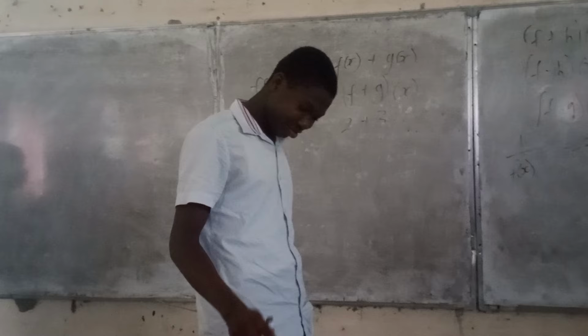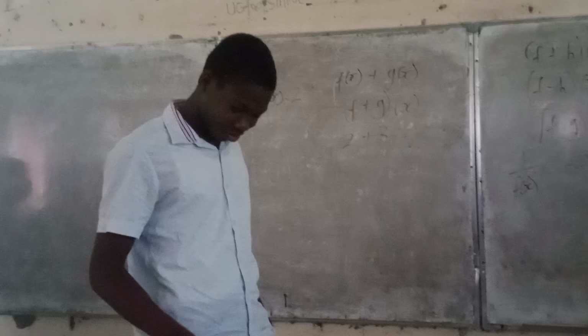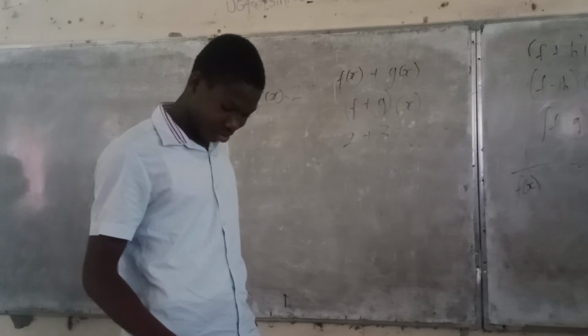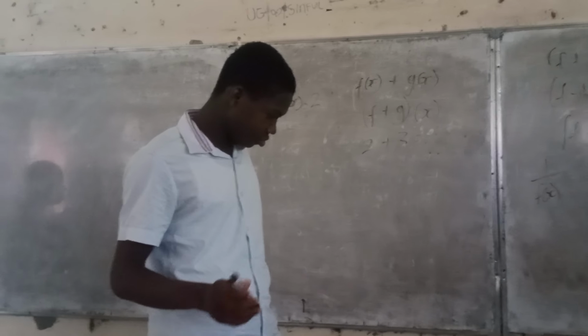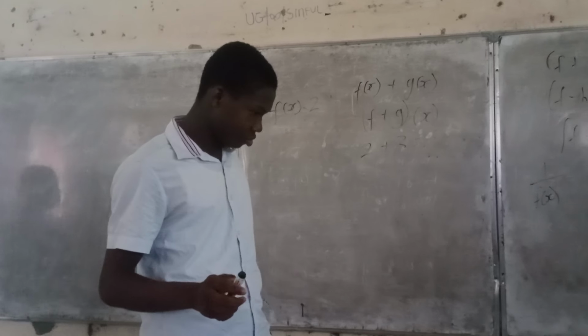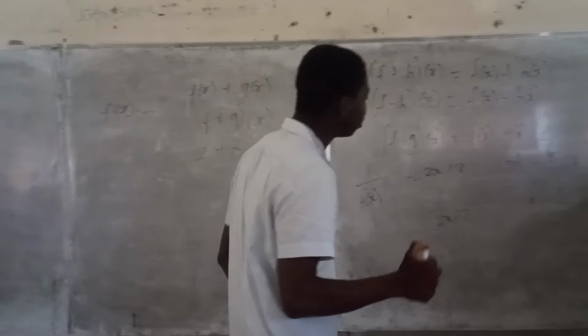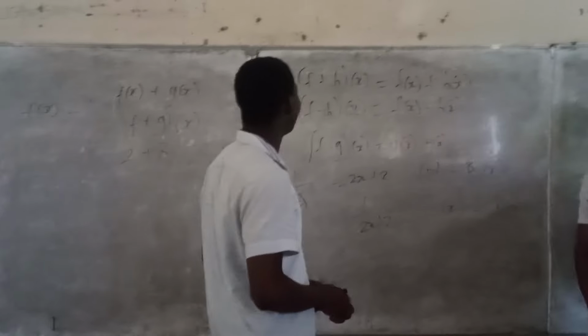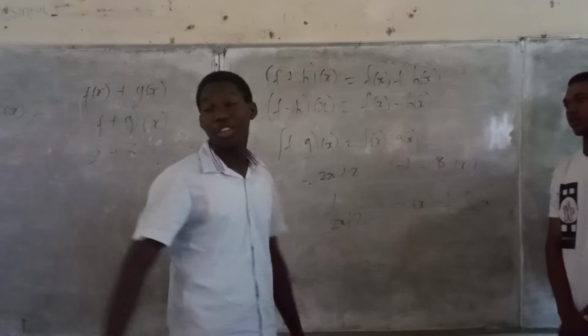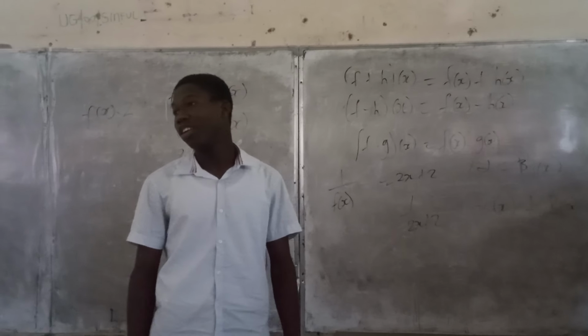Now, he's saying that in case you have some scalars that are associated with the various functions, would you want to say something about that? First of all, do you all agree with what he said? Yes, sir.